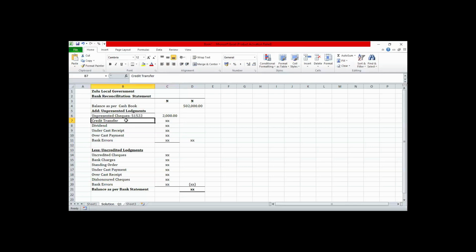The second check number. 32552. How much is that one? 3,000 naira. What else again?